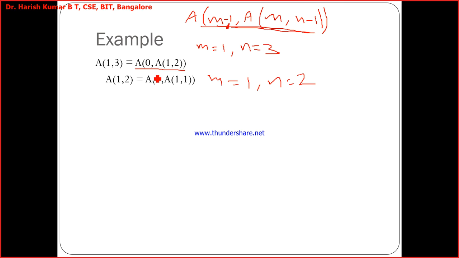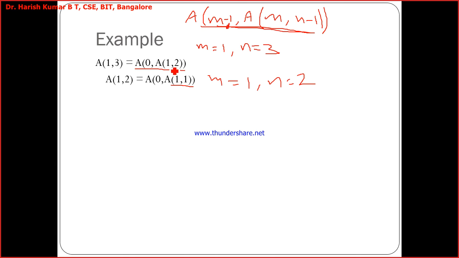So 1 minus 1 is 0 because m minus 1, and for the second argument, a of m comma n minus 1, that is 2 minus 1, 1. Next I have to find a of 1 comma 1.